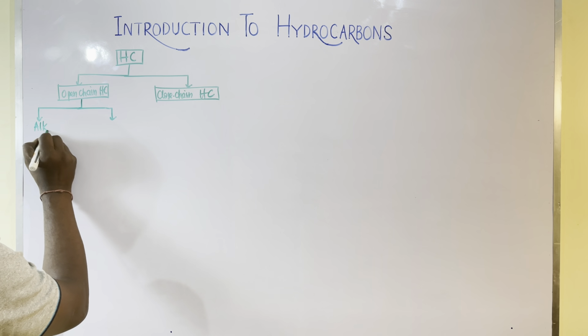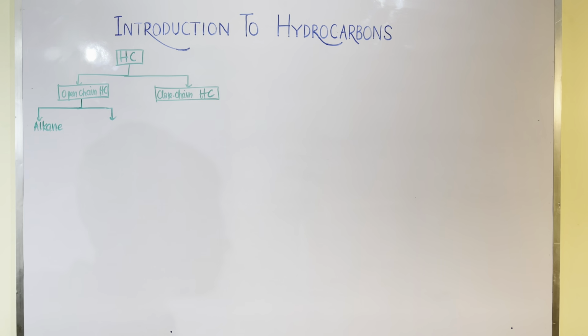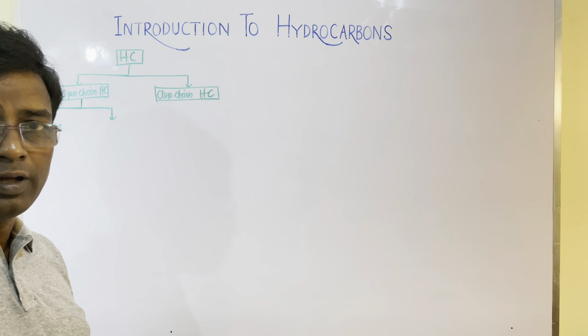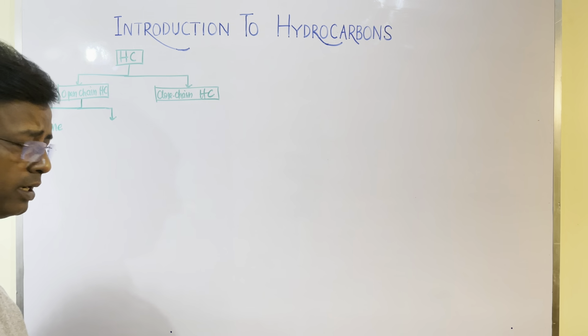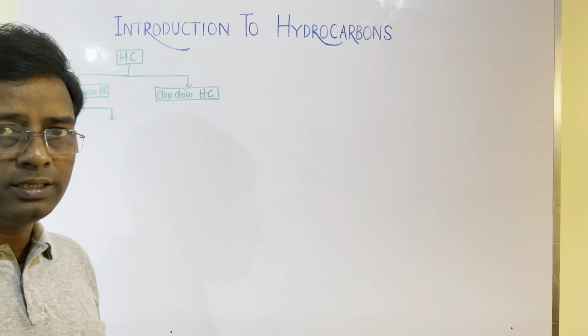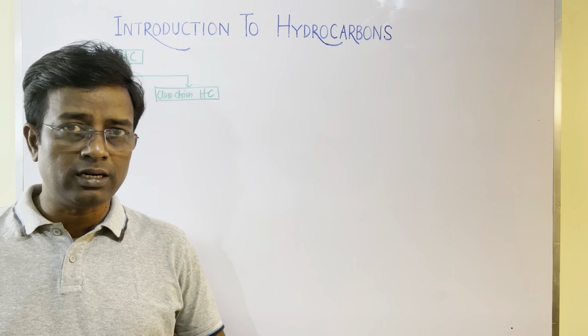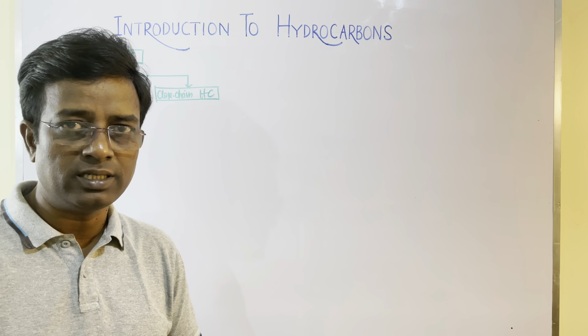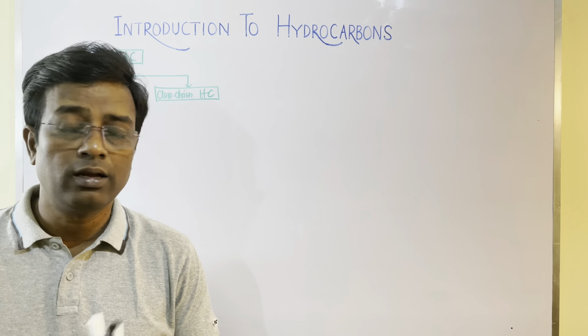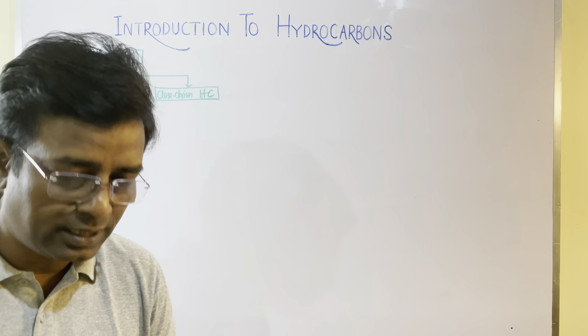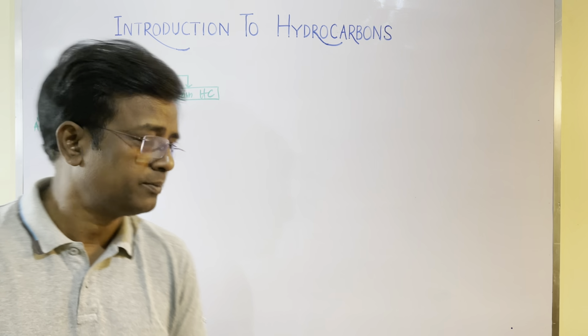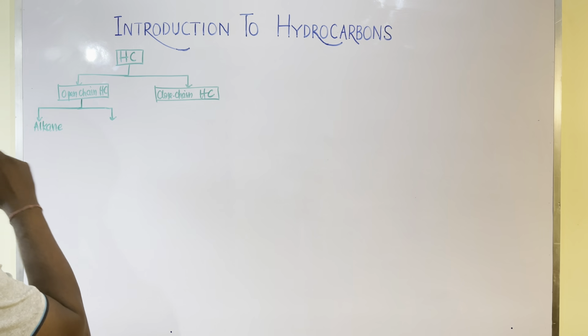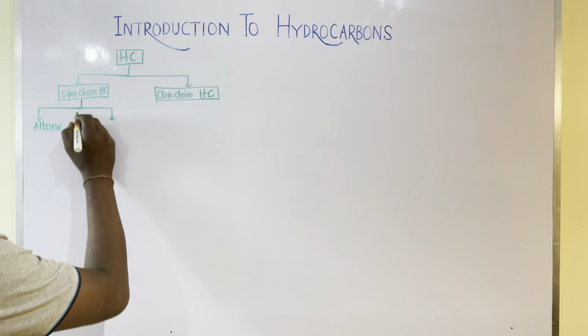Alkane. These are saturated hydrocarbons. Alkanes are saturated hydrocarbons consisting of only single bonds. Why are they called saturated hydrocarbons? Because in these compounds the carbon atoms are saturated, crowded with hydrogen. That's why they are called saturated hydrocarbons.